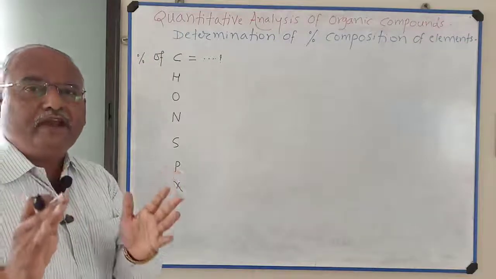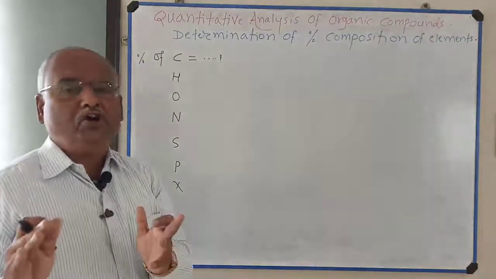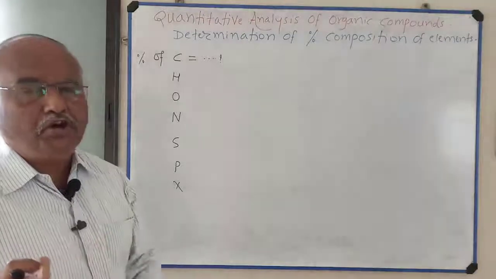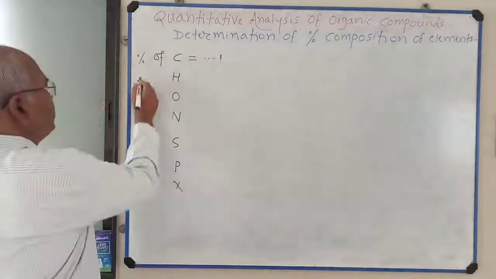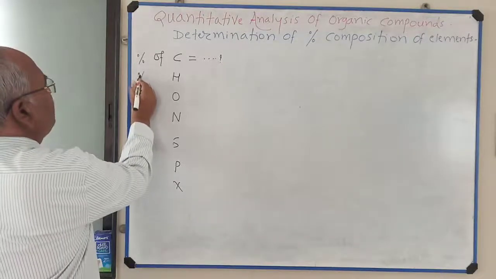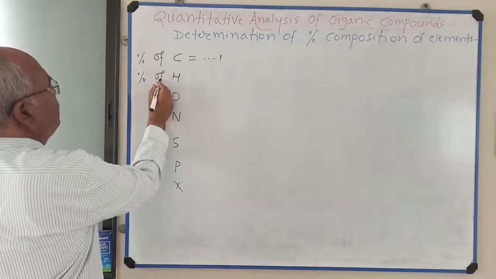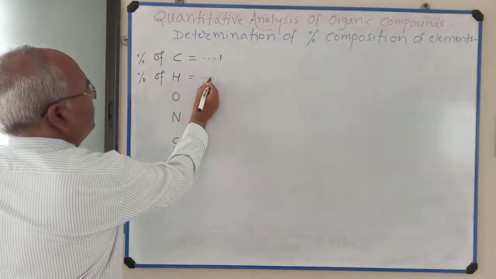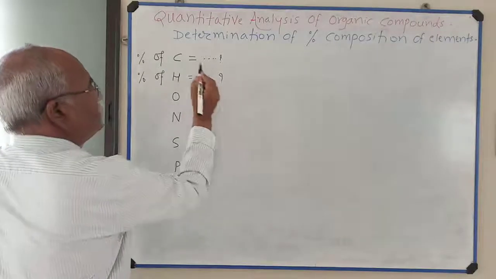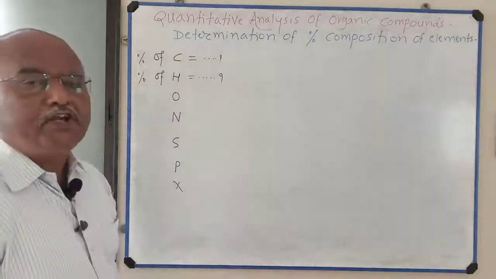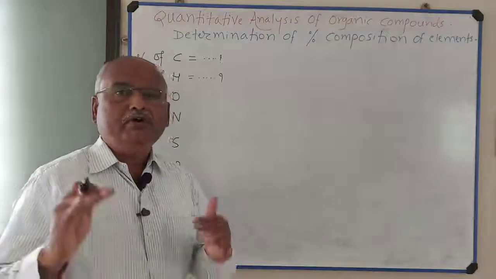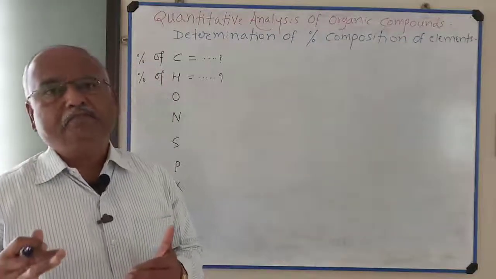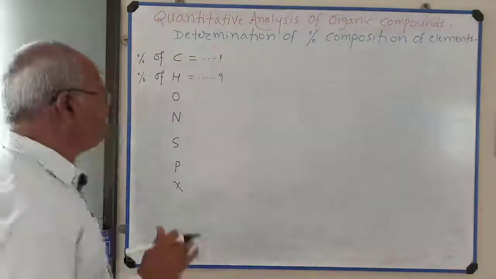It is related to quantity of compound. Similarly, determination of percentage of hydrogen. How much amount of hydrogen is present in the given organic compound, we are going to determine by simple techniques.